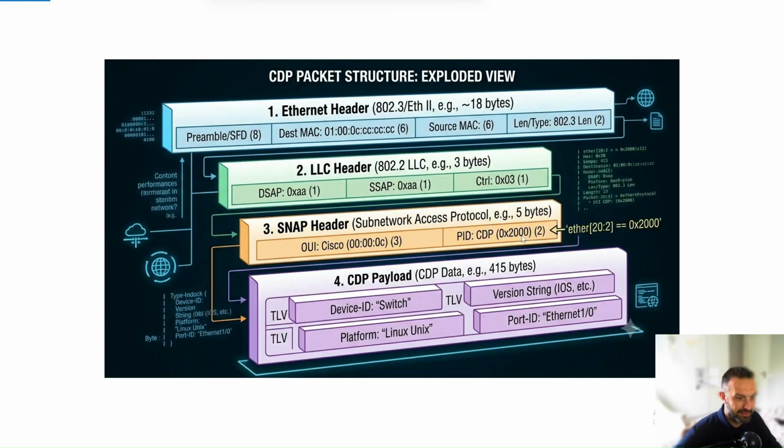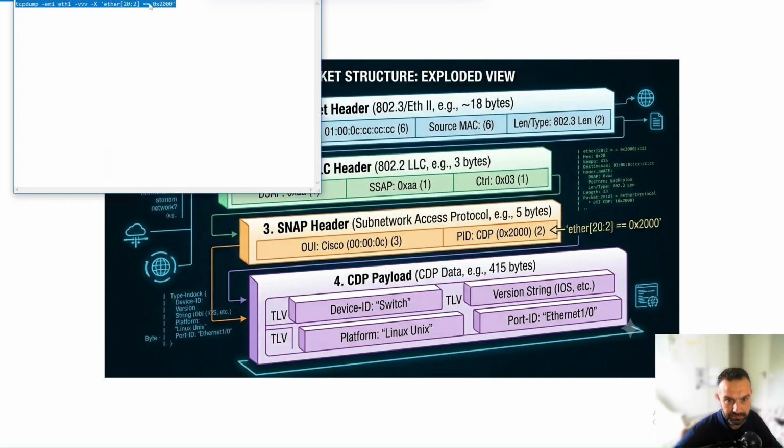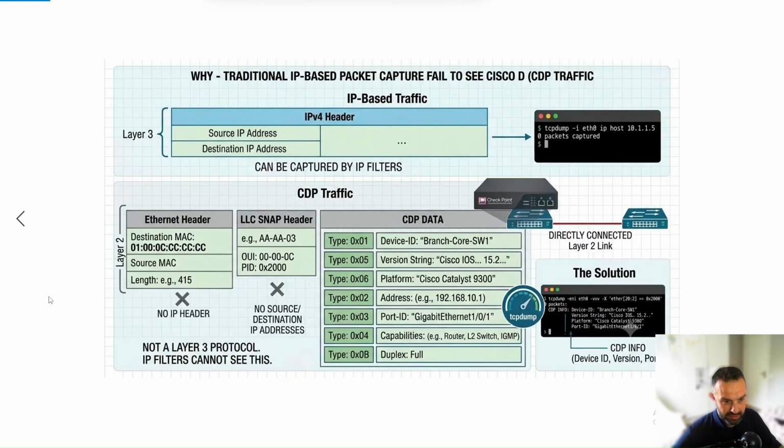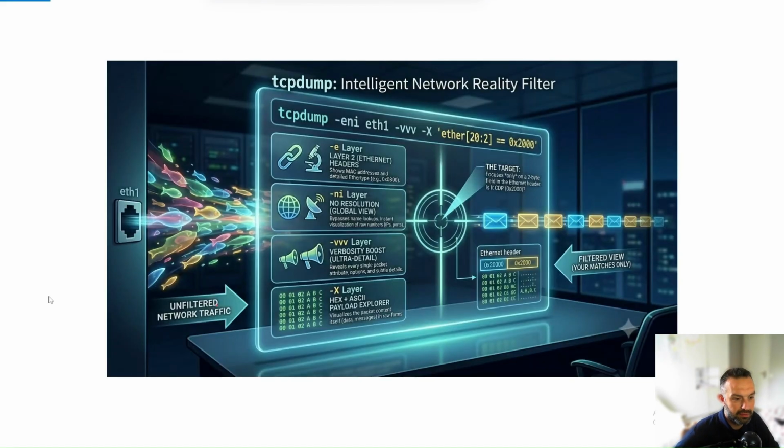The command we are going to use is this one here, tcpdump. Let's jump back to the last slide, which explains every part of the command. As you can see, tcpdump -e: the e displays Ethernet header information, including source and destination MAC addresses.